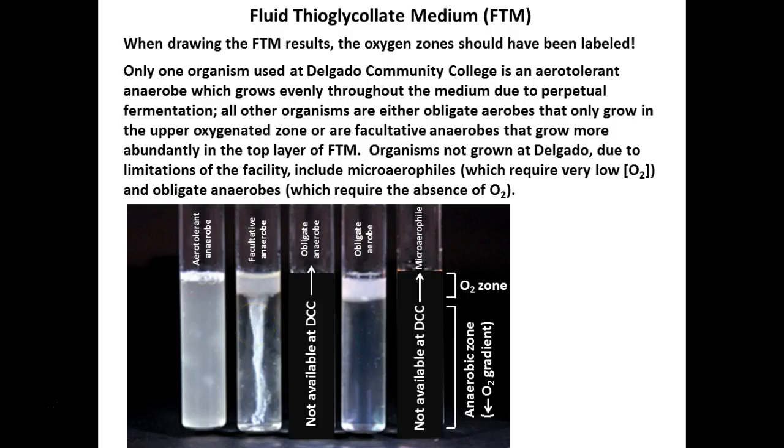right? This guy, on the other hand, is aerotolerant, which means it can tolerate oxygen. But does it use it? No, it's growing anaerobically, it's fermenting. That's why its growth pattern is uniform throughout the tube. Because even though oxygen's here, it's not using it. It's fermenting throughout the entire tube.